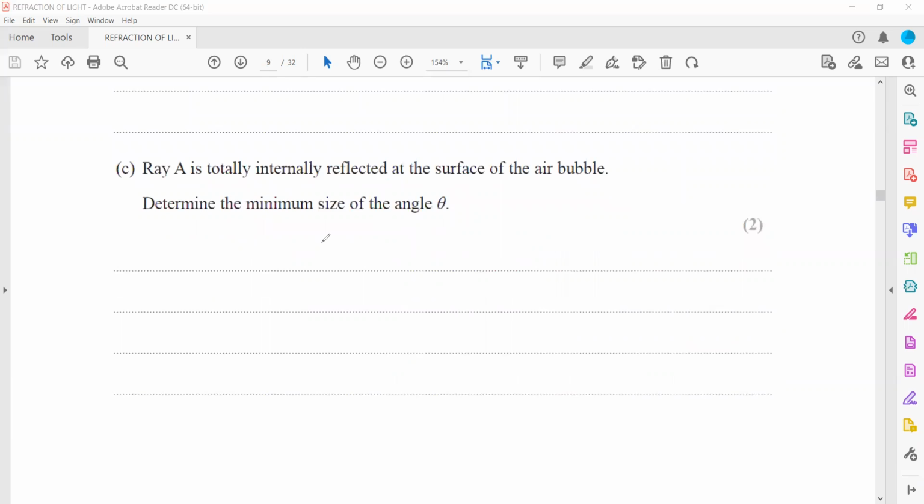So we'll use the formula n1 sine theta 1 equals n2 sine theta 2. n1 is the refractive index of the medium, because it is moving from glass to air. So the refractive index of glass is 1.31, and that is theta, the critical angle.